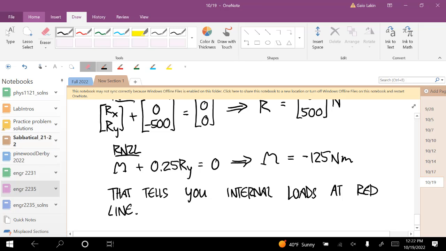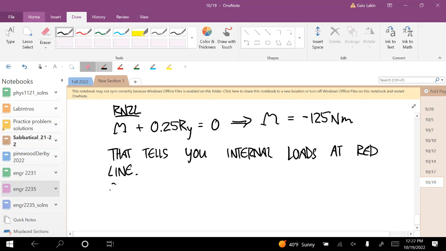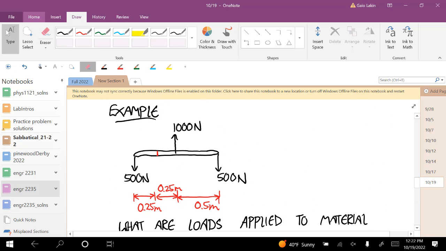There's one complication that we have to deal with. We would like the calculation we do to tell us something about what those internal loads are at that red line, independent of how we calculate it, okay?